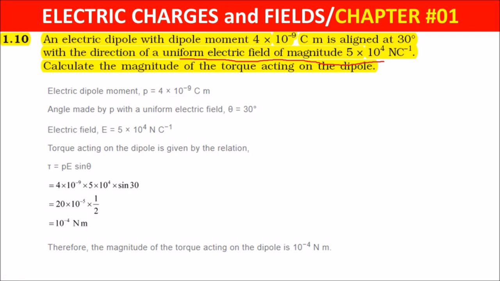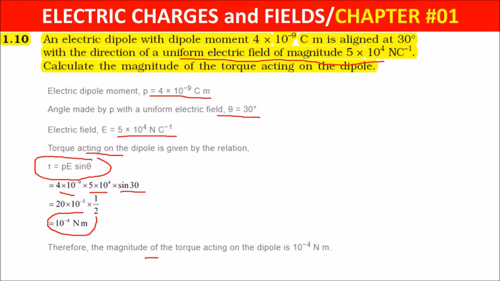Electric dipole moment is given, angle is given as 30 degrees, electric field is given as 5 into 10 to the power 4 Newton per coulomb. Torque acting is given by PE sin theta. Putting the values of P, E, and theta, we get 10 to the power minus 4 Newton meter. Therefore, the magnitude of torque acting on the dipole is 10 to the power minus 4 Newton meter.